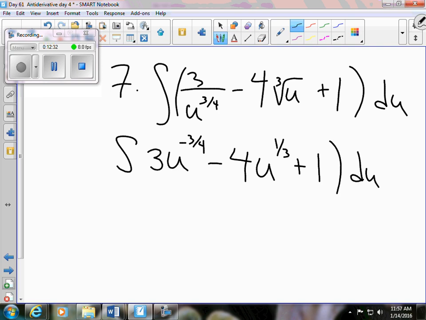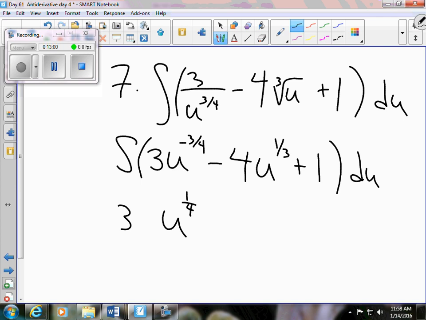So now we're going to integrate each term, and now our variable is u instead of x. So first you add 1 to the exponent. Negative 3/4 plus 4/4, because 1 is 4/4. What would be our new exponent? Positive 1/4. Now, whatever was out front is still there, but you have a choice.